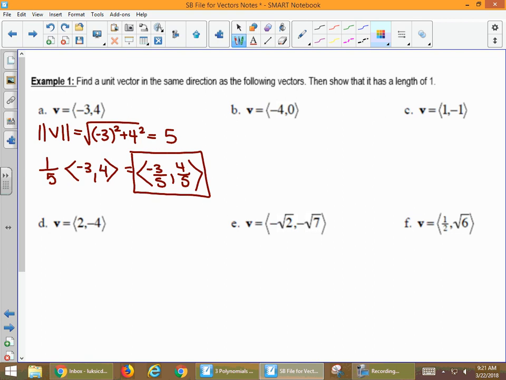All right. This next one is kind of trivial. Magnitude, square root of negative 4 squared plus 0 squared, which is just 4.